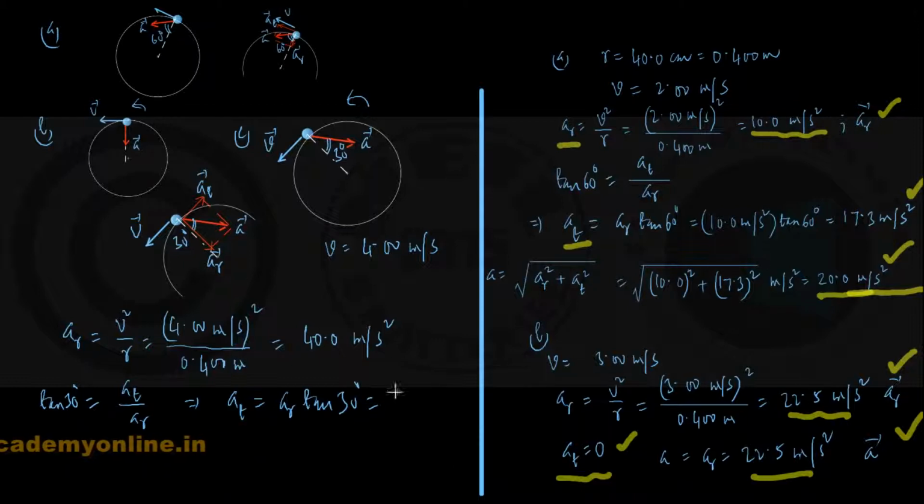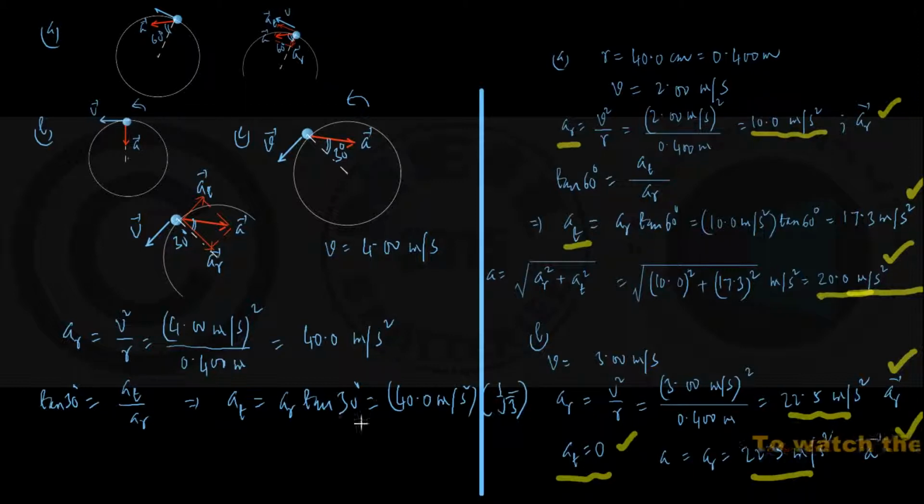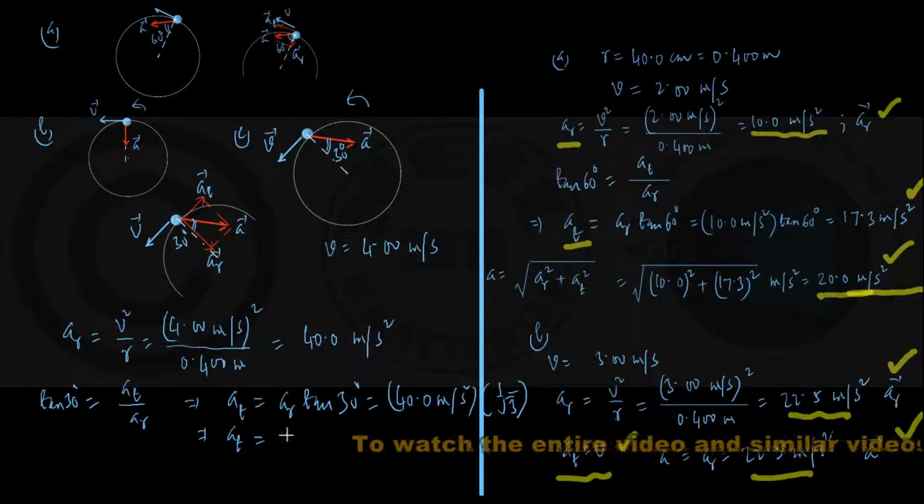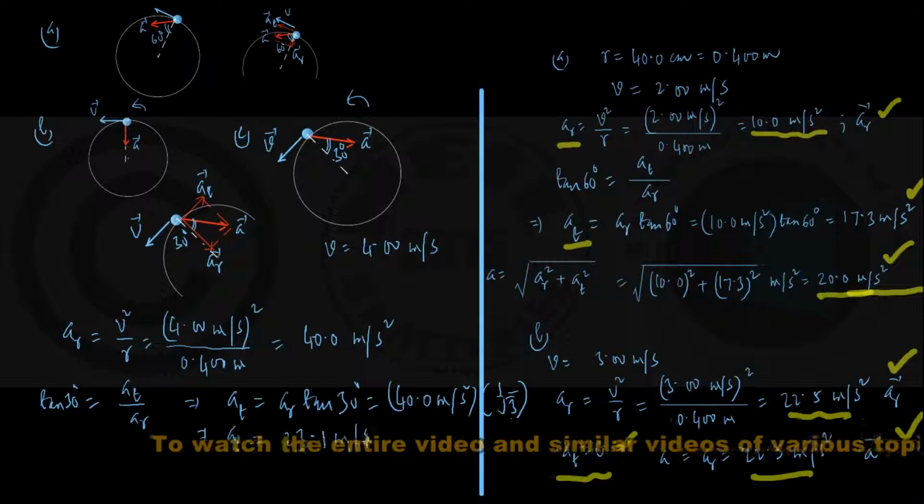The value of a_R was just now found to be 40 meters per second squared, and tan 30 degrees, as you know, is 1 upon root 3. Make the calculation and show that the value of a_T in magnitude comes out to be 23.1 meters per second squared in 3 significant figures.